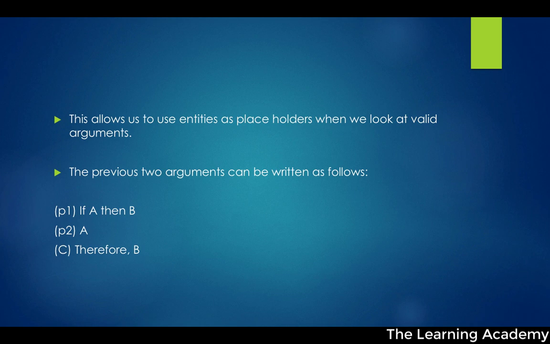So you could actually make an argument that is invalid and sneak the invalidity past the person you're arguing with because the premises are referring to a certain thing. Whereas if we take this argument and break it down into its component parts, then we can see whether or not the argument is valid. So that's really the purpose of the substitution principle. And we're also going to use these kinds of placeholders, these entities, the ifs, A's, then B's, to look at valid forms of inference, which will be the focus of the next lesson.